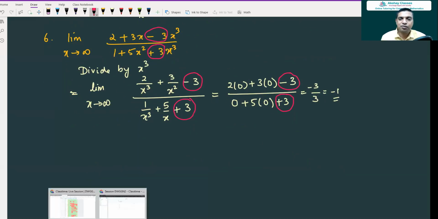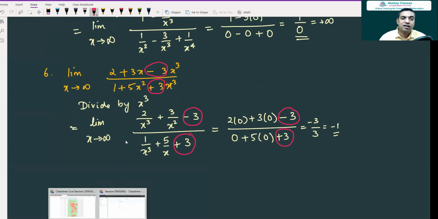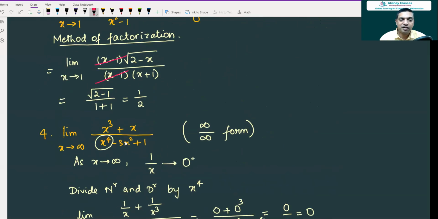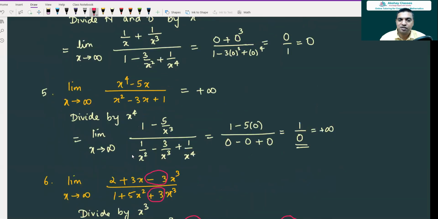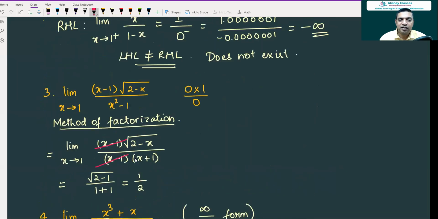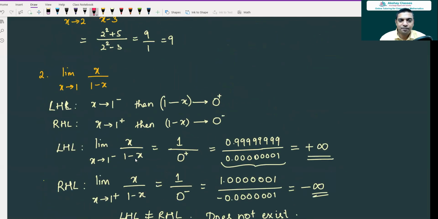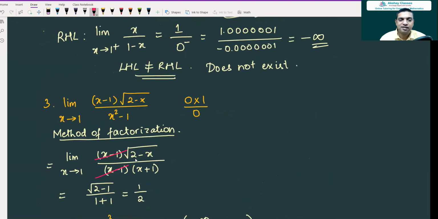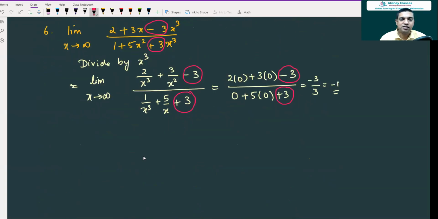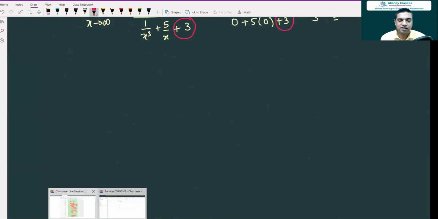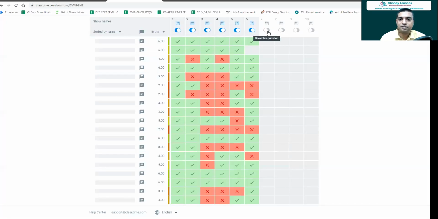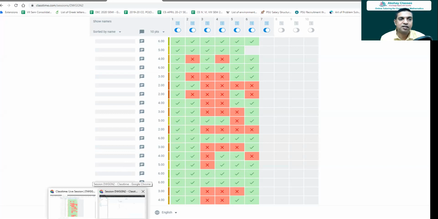All right. Next question. So this was about dealing with limit as x approaching infinity. All three were infinity by infinity forms. We dealt with 0 by 0 form, 3 questions. Then we dealt 3 questions of infinity by infinity form. Now, next. Okay, go to the next question. See the next question in class time.